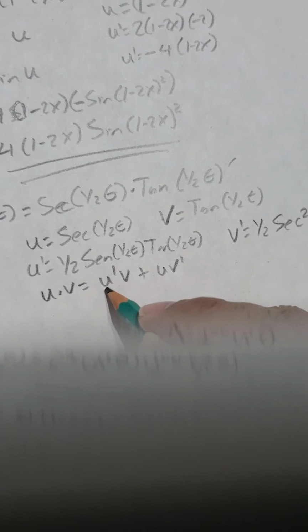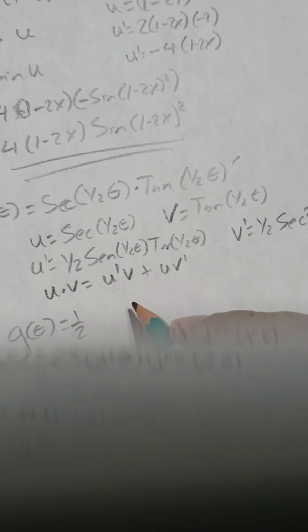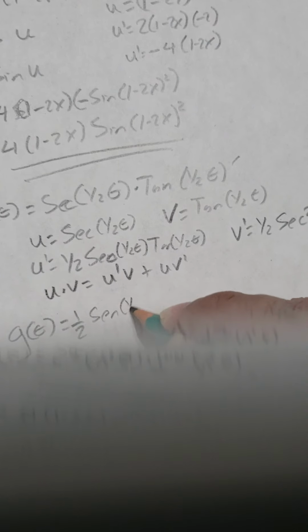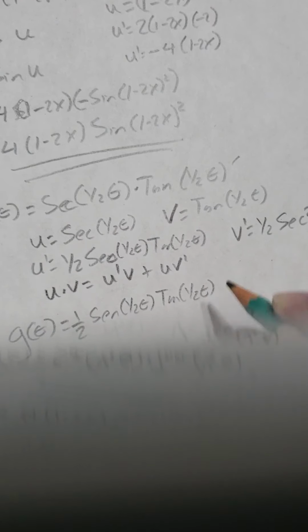Now, following this pattern, u prime is the derivative of theta, u prime is 1/2 secant, sorry, this is secant, not sine, secant of 1/2 of theta times tangent of 1/2 of theta. This part is only u prime.